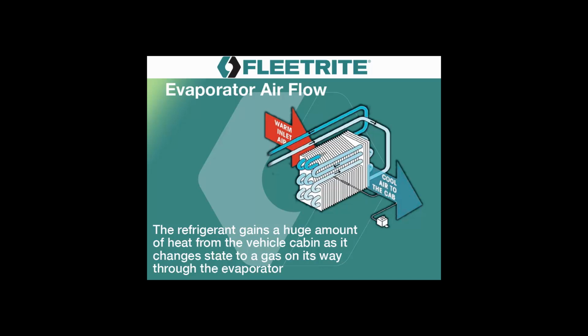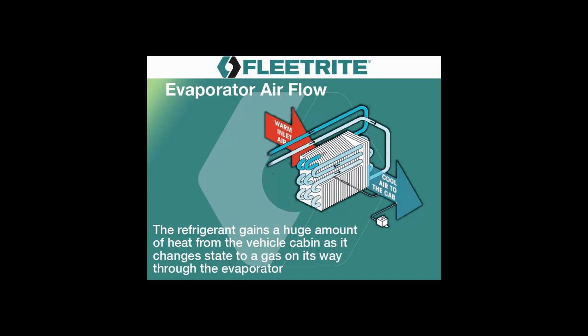What typically goes wrong with these things is they tend to get plugged up. Again, just like the condenser, the airflow through this thing, if that blower motor can't get air through, any dirt, dust, leaves, anything that's brought into the system, into the blower motor, tends to get stuck on the fins.